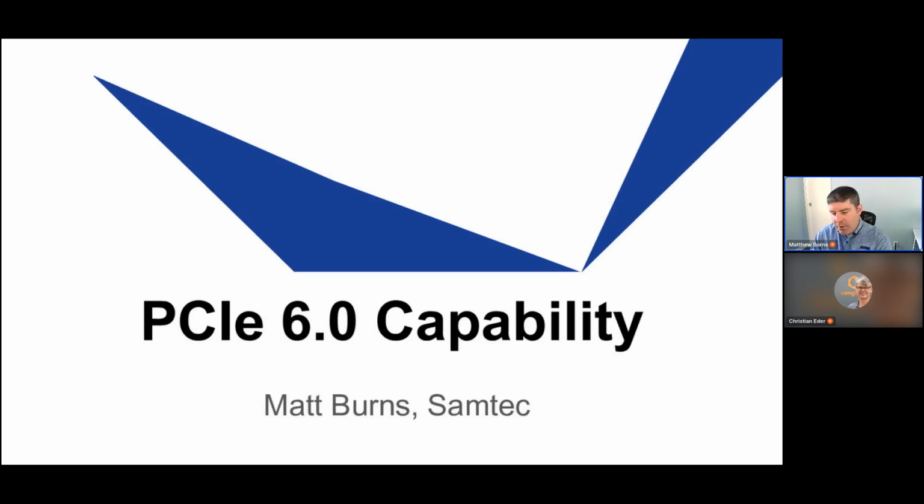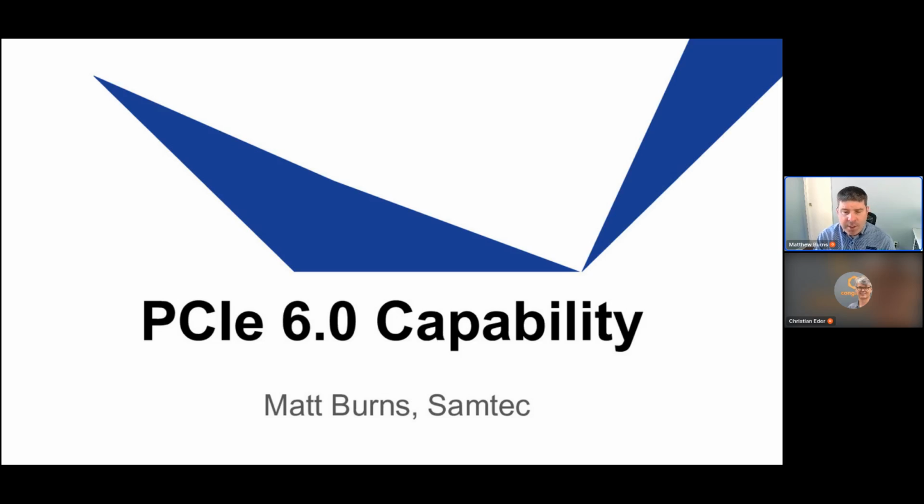Again, Christian talked a lot about how COM-HPC has done a really nice job of adding PCIe connectivity throughout the system. When originally conceived 5 or 6 years ago, the intent was to enable PCIe 5.0 performance. But since then, PCI SIG has released the PCI 6.0 version of the PCI Express specification, and that does a couple of things.